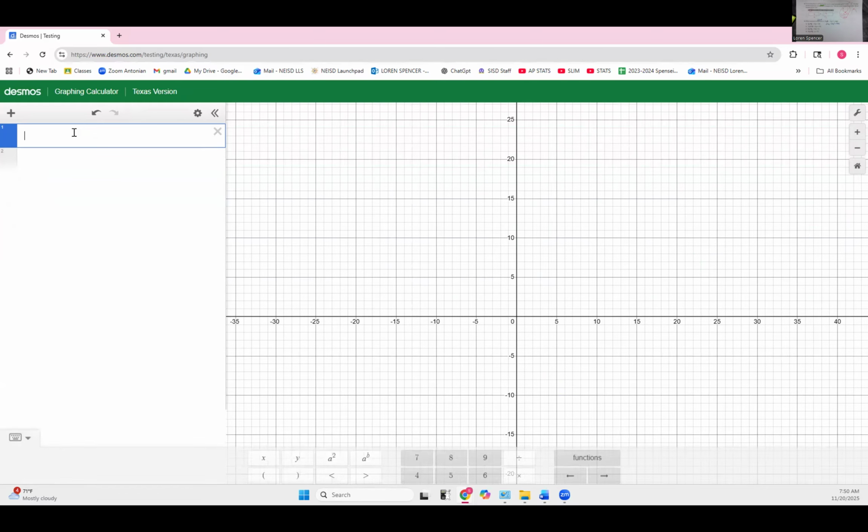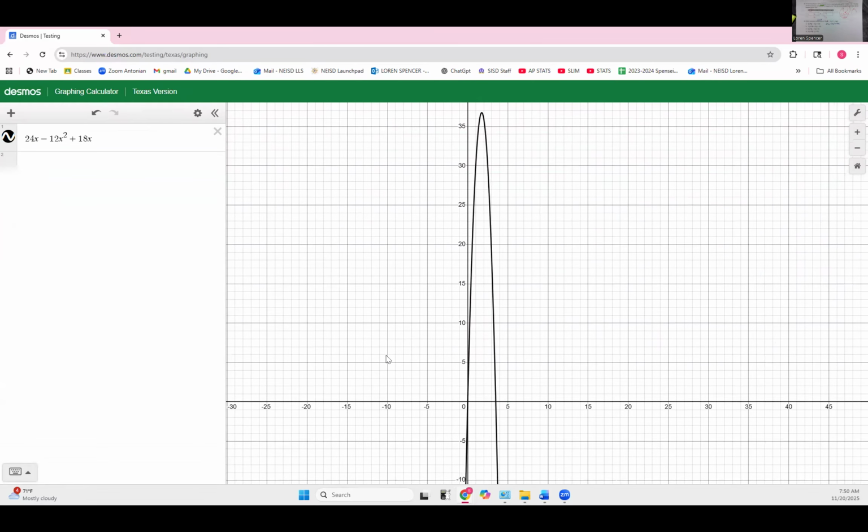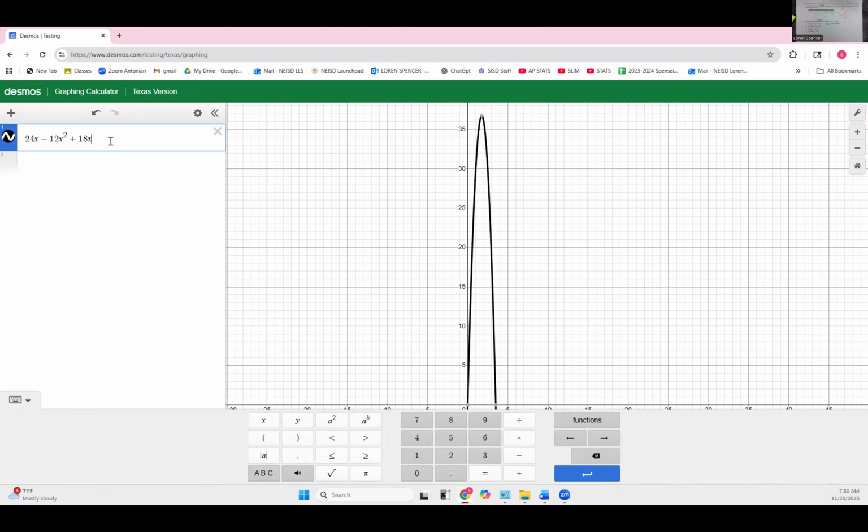And we have 24x minus 12x squared plus 18x. Okay, so that's the one we have to look like. We have to look like the black one, and we want to find one that lays directly on top of it.